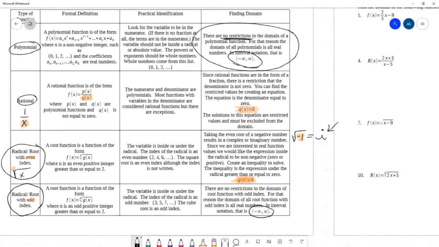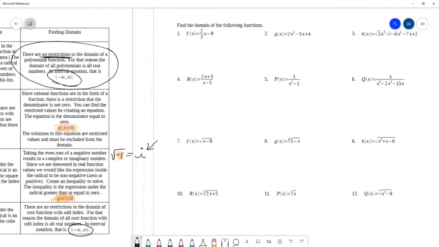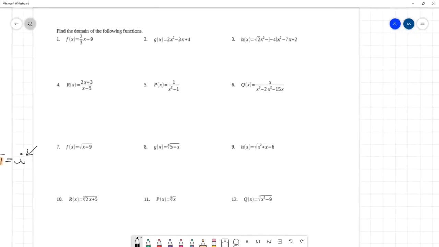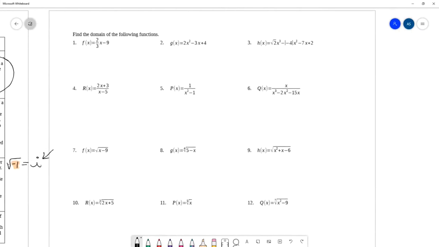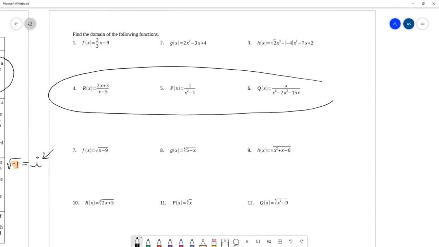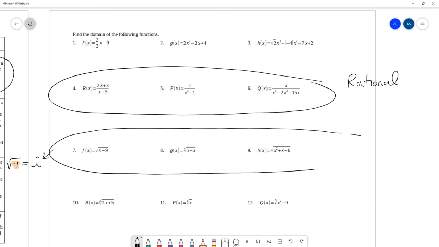So on this same handout from my website, I have a bunch of different examples here. And looking at these examples, you can see that all of these have variables in the denominator, so they are rational. All of these have roots with an even index.